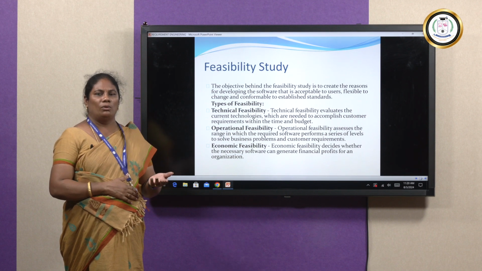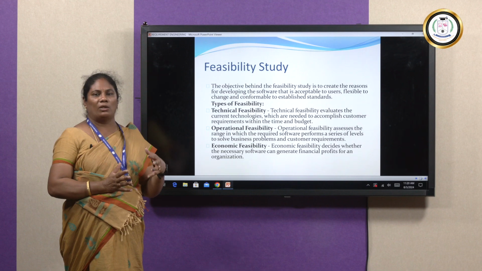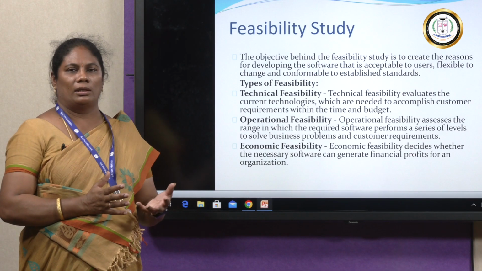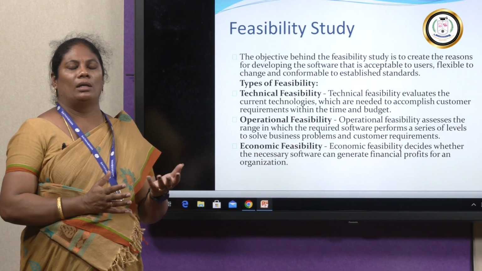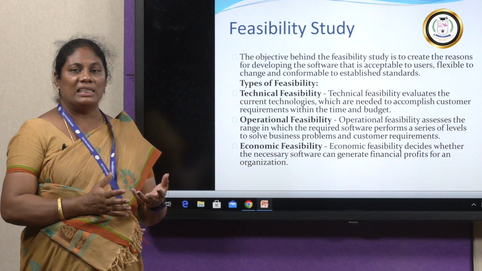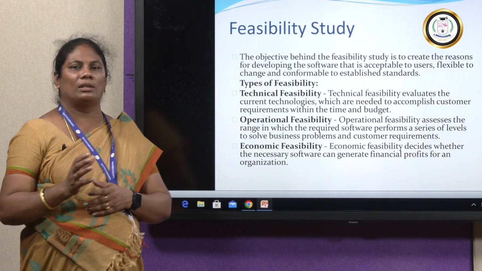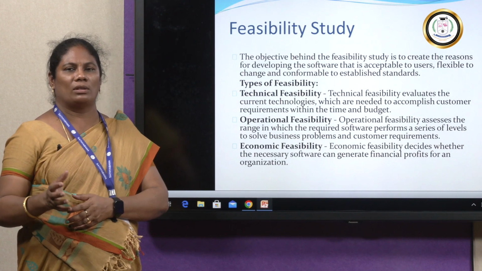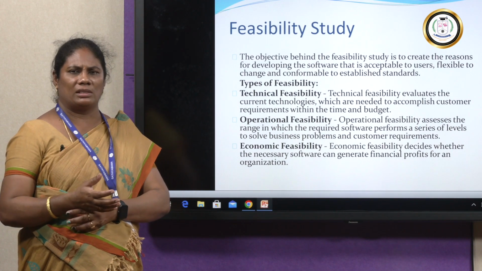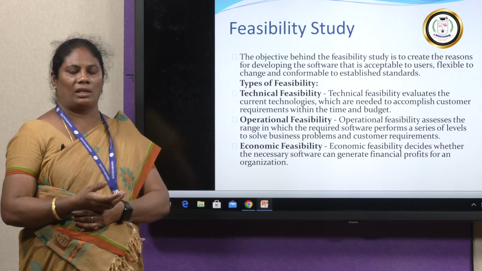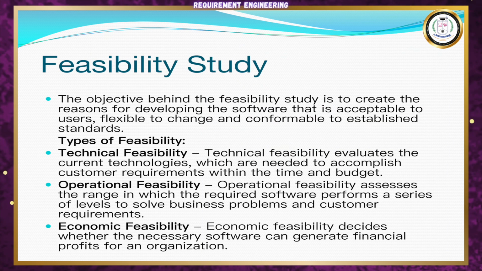Nowadays, new technology means, for example, recent domains like AI, deep learning, or cloud computing. These are the recent trends of domains. Based on these domains, we are using new implementation languages such as Python, Java, JavaScript or CSS. That is, new technologies used by the user is the technical feasibility.